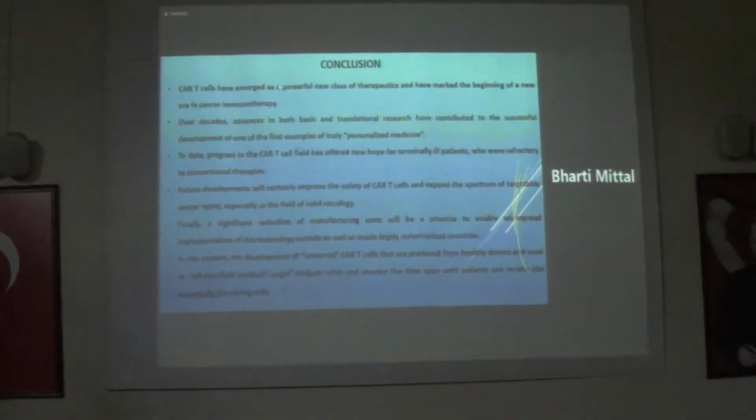If we come up with this strategy, CAR T cells might become universal T cells, so that we have healthy donors to produce these CAR T cells, which can be stored and manufactured in advance, and then given back as per the patients. This will reduce the cost, the shelf life, and the time period to save the patients. With this message, I would like to conclude my presentation here.